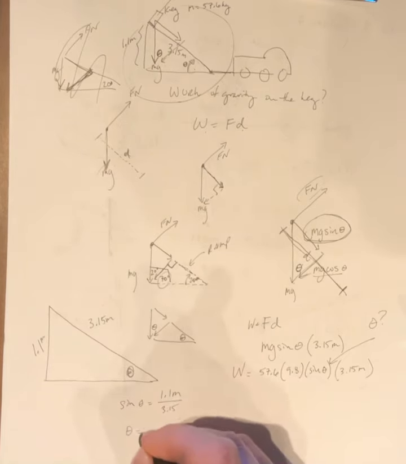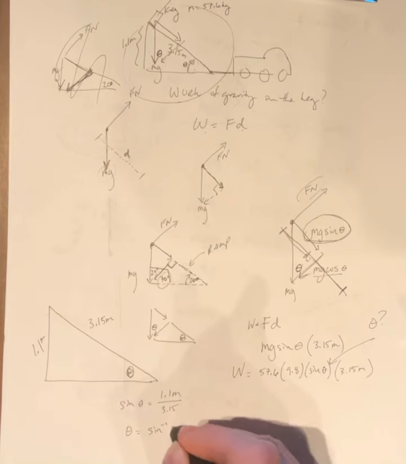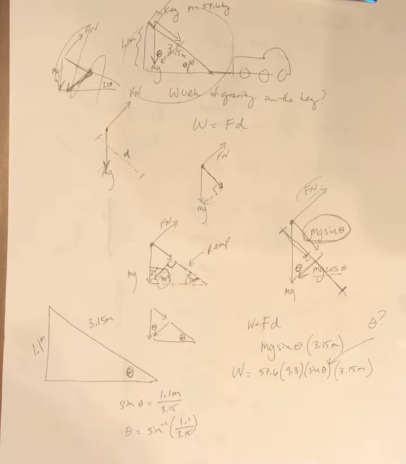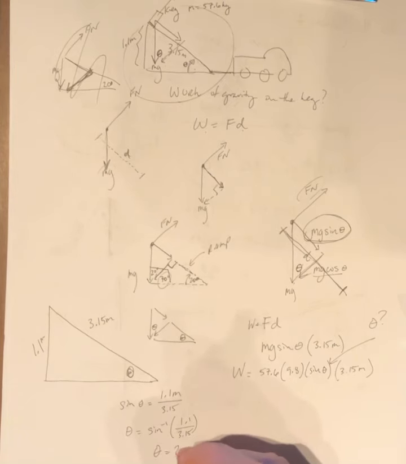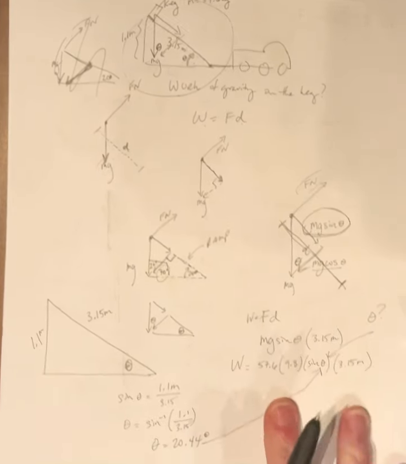And we can say theta is equal to the inverse sine of 1.1 over 3.15. 1.1 divided by 3.15. And we take the inverse sine of the answer. So that gives us a theta of 20.44 degrees. So we can plug that in for theta because we just solved for it.